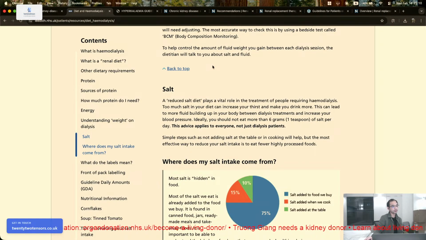It will also weaken your bone and hit your calcium, because phosphate will combine with the calcium in your bone and absorb all the calcium, and make your bones weaker, and a lot more complications after that.